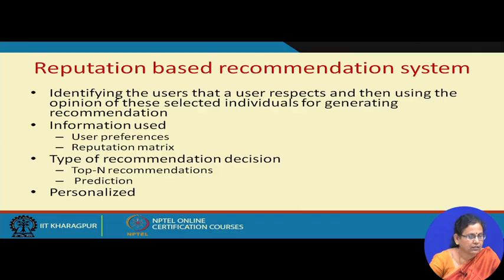Here one extra matrix can be used, which we can call as reputation matrix, which will be user to user matrix, where who are the other users, who do I respect, can be kept, or in general without this matrix also you can make these computations possible by assuming that everybody in that community respects that particular user.